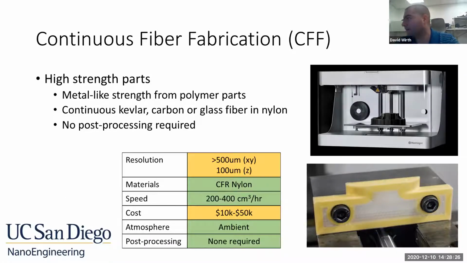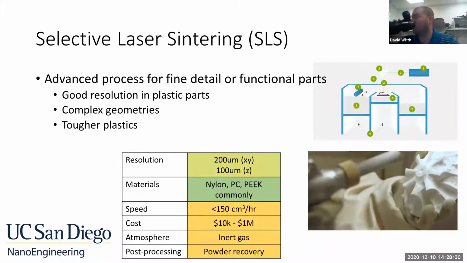Let's say you want to make a more complex geometry. So if you want to make things that are really complex, you might have to look at something like SLS. SLS has a lot fewer geometric limitations than FDM. With FDM, you're limited by overhangs and resolution and all this stuff. With SLS, not as many overhang problems.